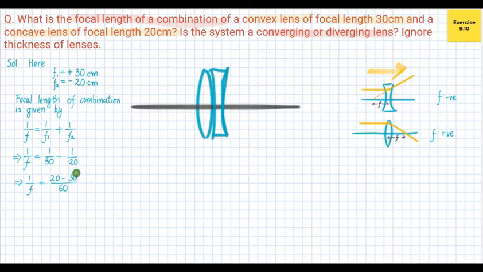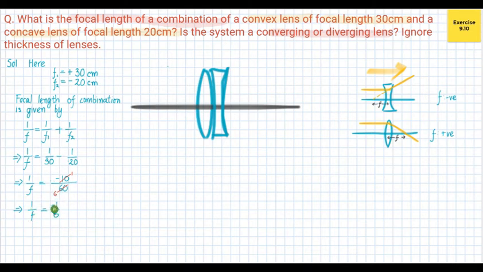Now what is 20 minus 30? 20 minus 30 equals minus 10. So I'll write down minus 10. Now how much is minus 10 divided by 60? 10 ones are 10, 10 sixes are 60. So your focal length can be written as 1 upon f equals minus 1 upon 6.